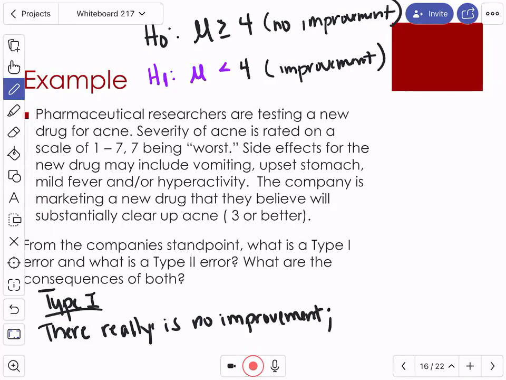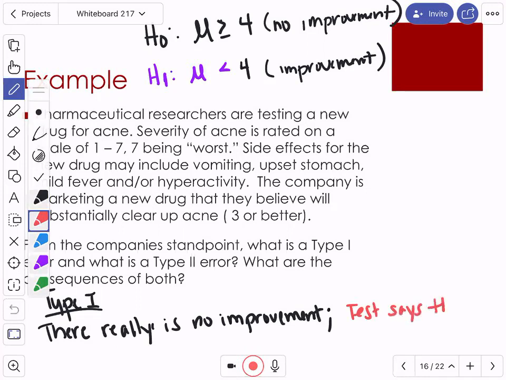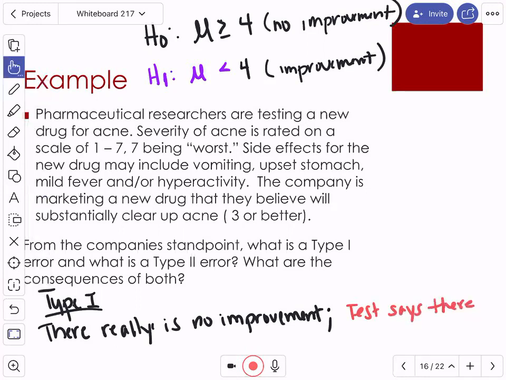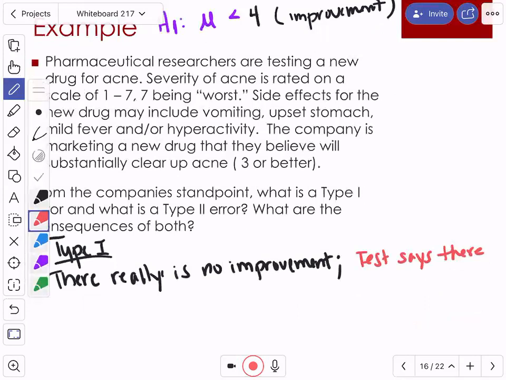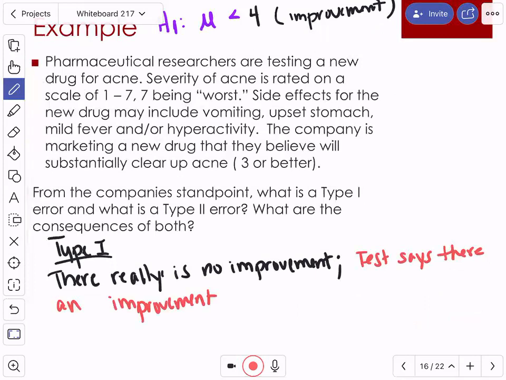How do you make the error here? The test says there is an improvement. That's a type 1 error. There really is no improvement, but the test says that there is an improvement.